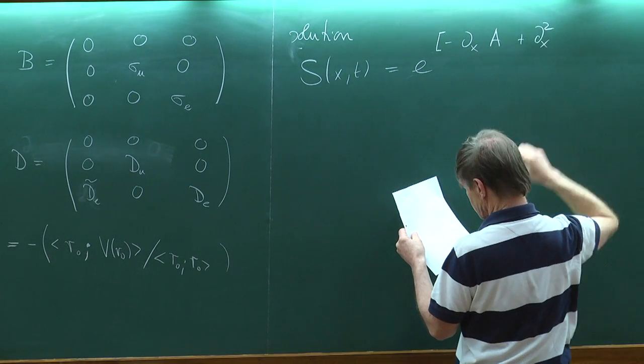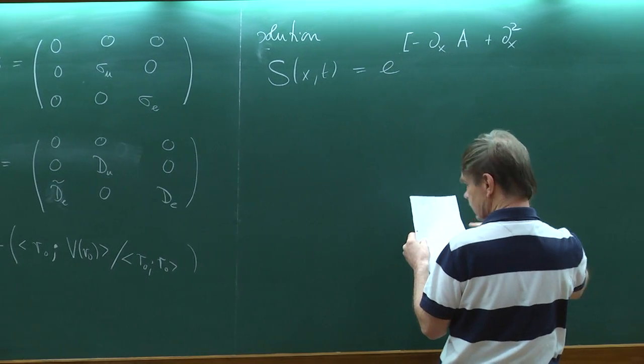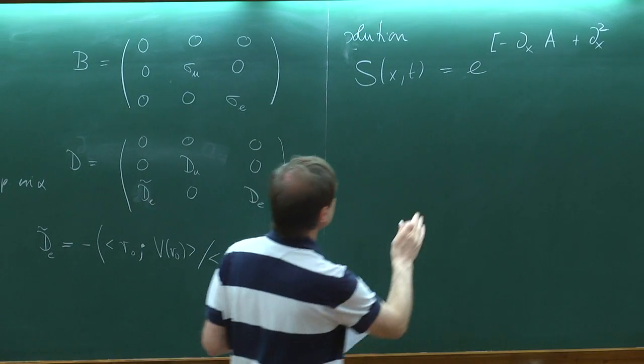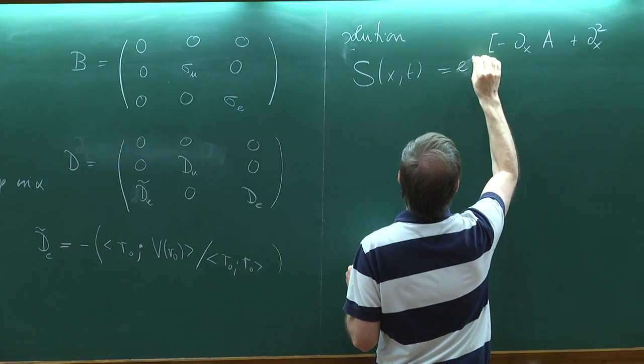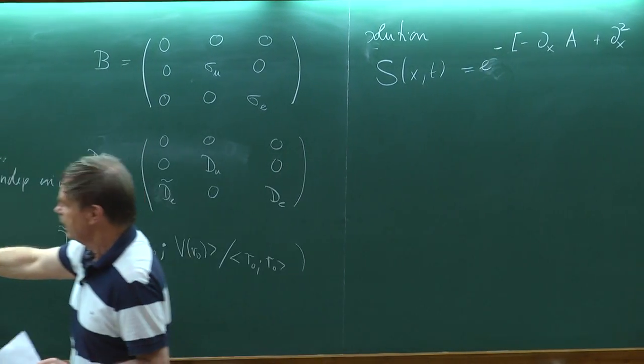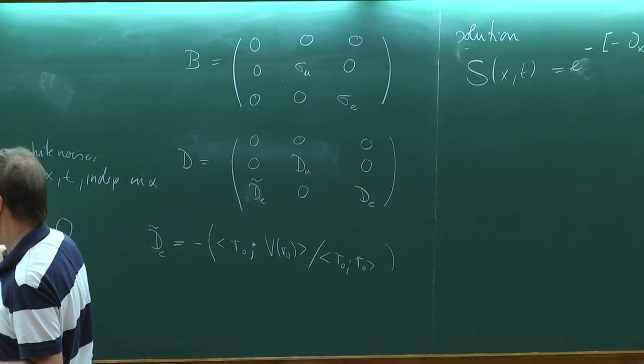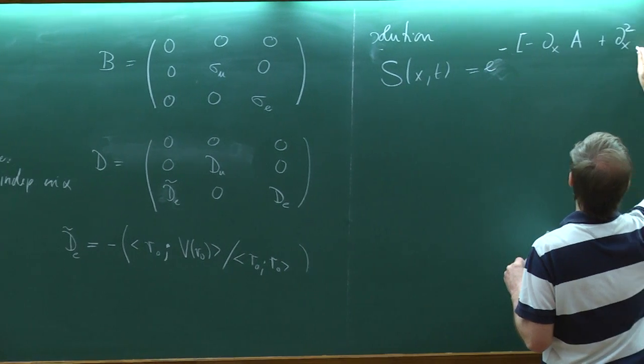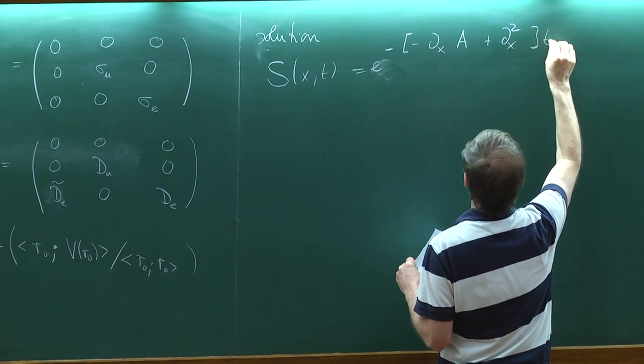Let's see, how do we do with the minus signs here? So maybe I should write it like this. Here I have this operator which is appearing on this side. It's a minus dx A, and then a plus dx squared A times t.